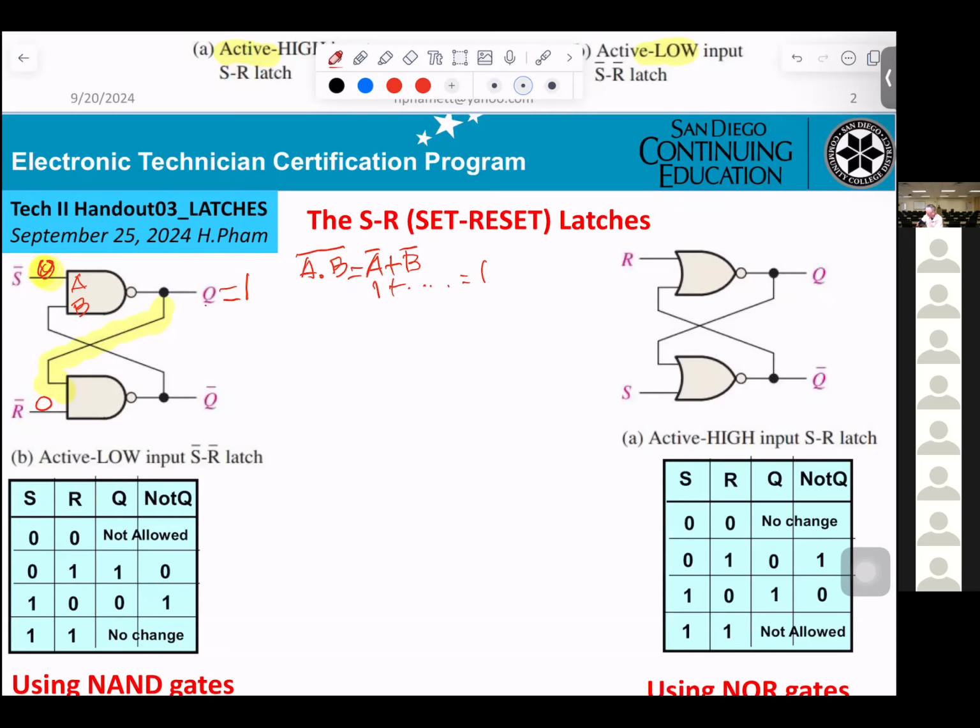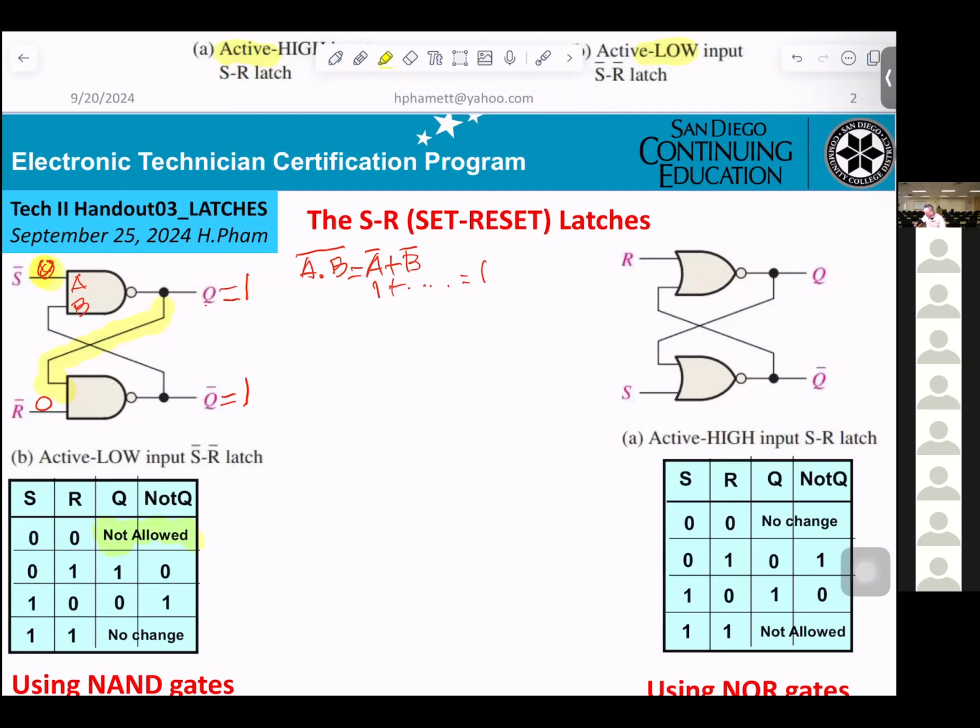So if R is 0, then not Q also will be 1. Again, not allowed. Q and not Q must be opposite: Q is 1, not Q must be 0; Q is 0, not Q must be 1. They cannot be the same. That's why they're telling you not allowed.